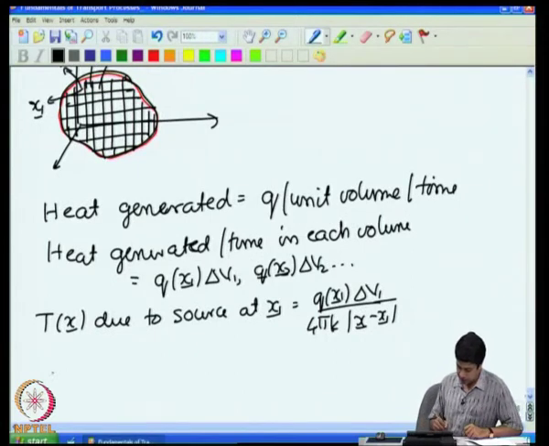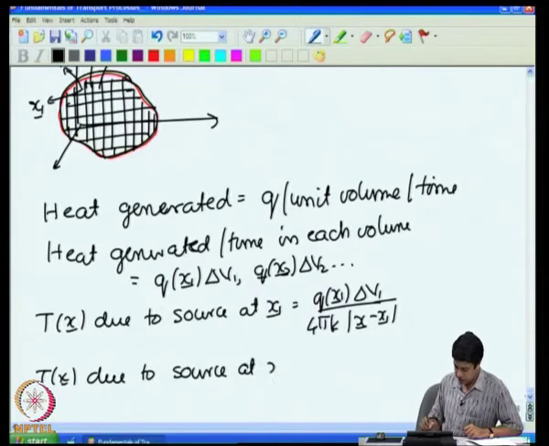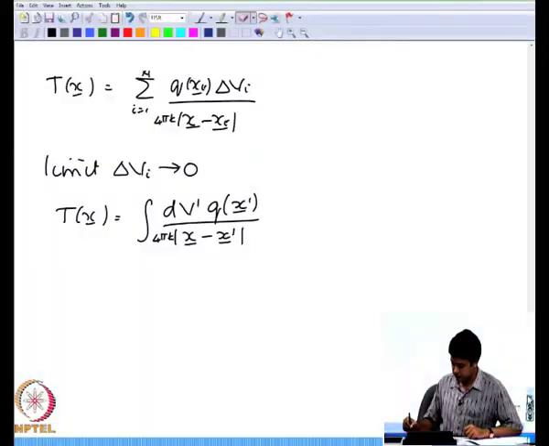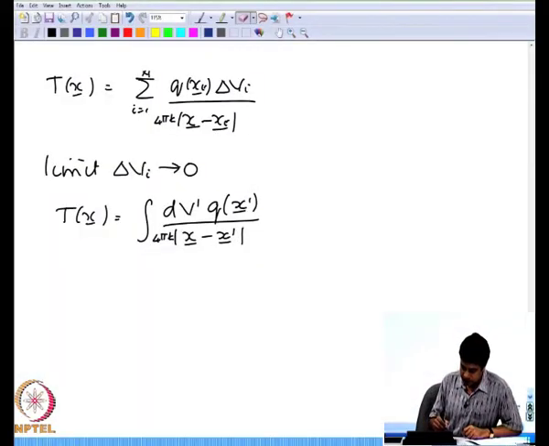Similarly, T at x due to the source at x 2 is equal to Q of x 2 delta V 2 by 4 pi k times x minus x 2, and so on, for each of those differential volumes. That means that the total temperature at x is equal to the summation over all i from 1 to n of Q at x i delta V i by 4 pi k times x minus x i.